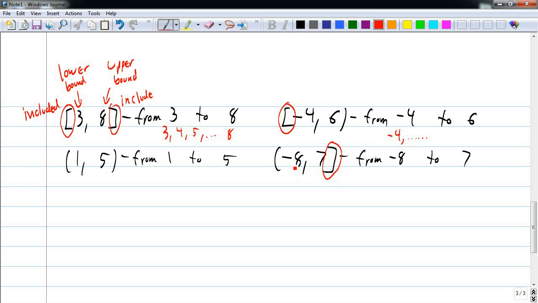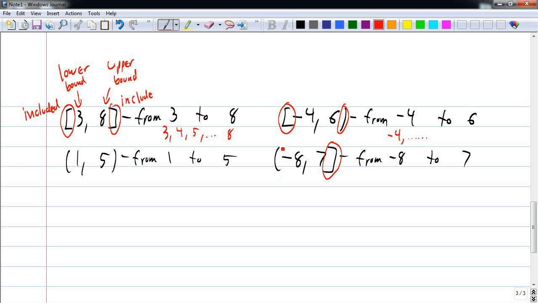So if there's a bracket, that number is included in the interval. If it's a parenthesis, it's not included. So this interval consists of every number from -4 up to but not including 6.